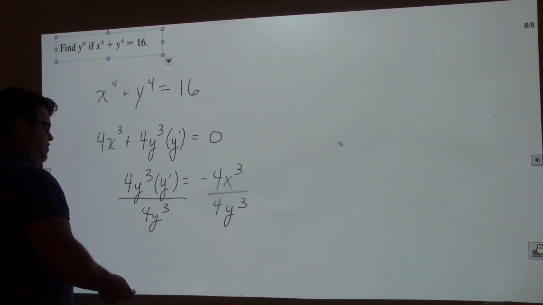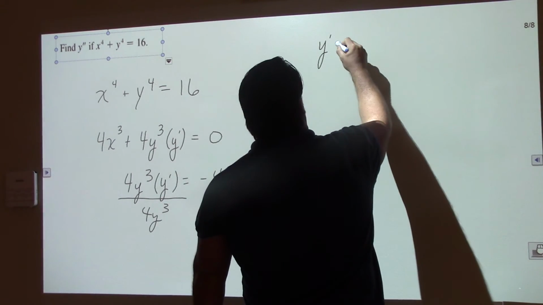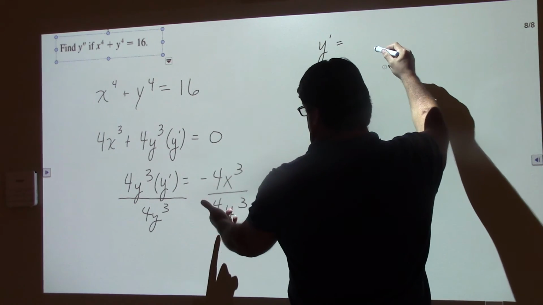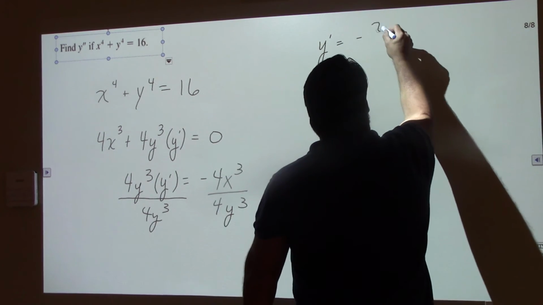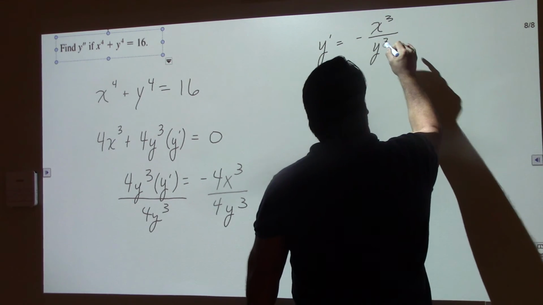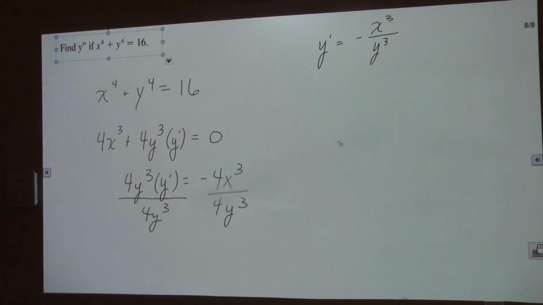And basically you get y prime is equal to, the 4's cancel, you get negative x cubed over what? Y cubed. All right, find y double prime. We'll use quotient rule.